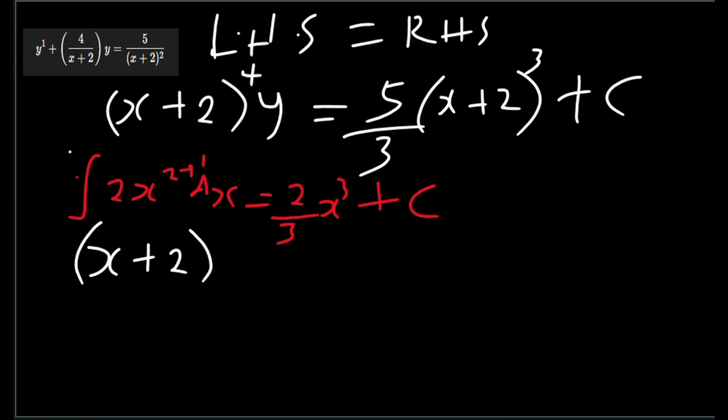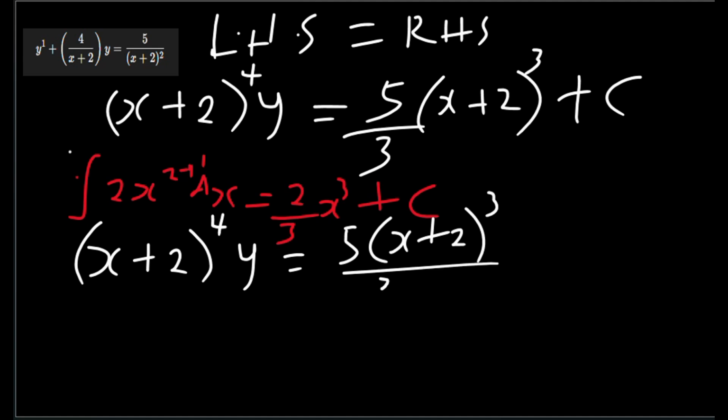We have (x + 2)^4 y is equal to 5/3 (x + 2)^3 plus our constant of integration.